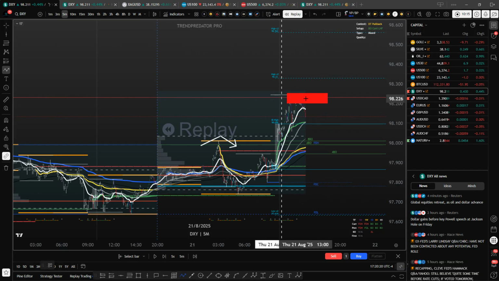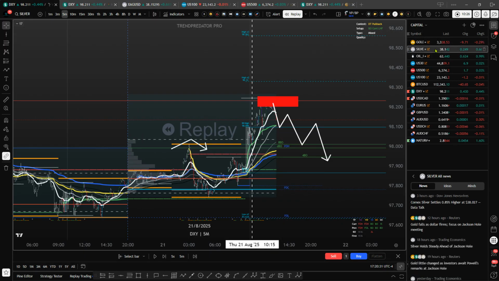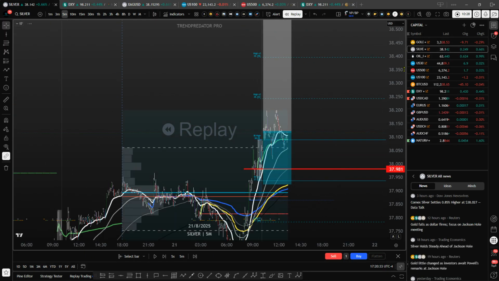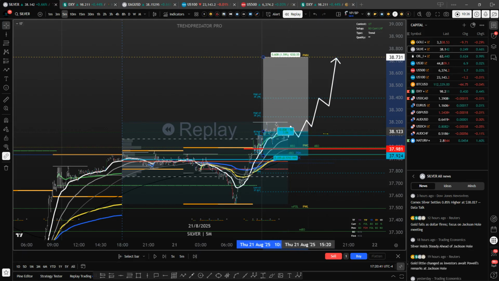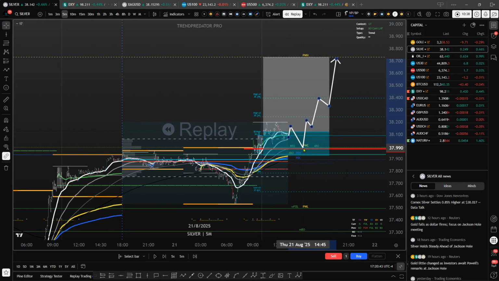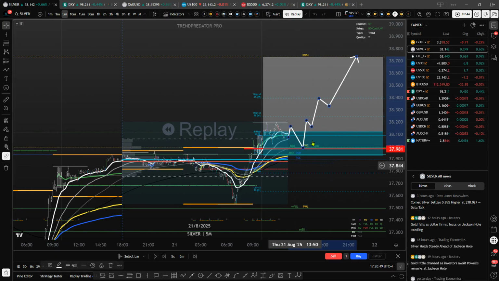So a swing trade would depend on the dollar eventually decelerating and consolidating and pulling back, which would presumably allow for silver to eventually break out of the coil, the sideways momentum, and move higher. And that would be your swing trade setup into tomorrow, the next day.